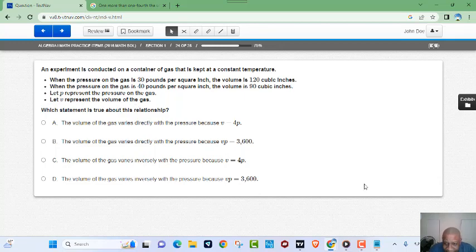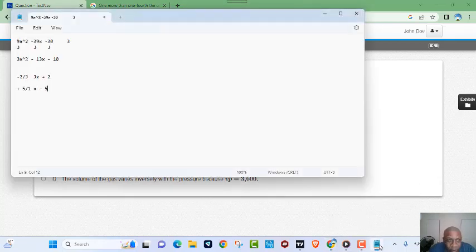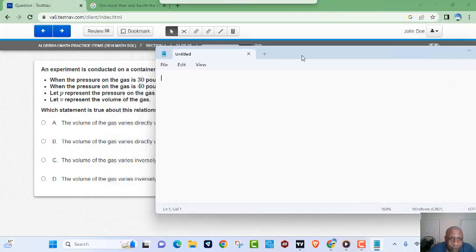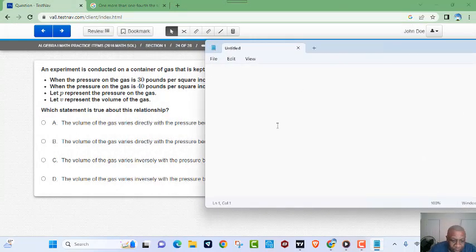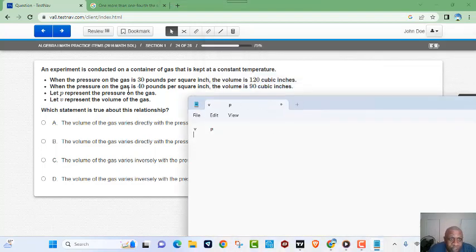Okay, let's see how I want to do this. All right, so we have volume and pressure. Let's see, what does it say? It says when the pressure on the gas is 30 pounds per square inch, the volume is 120 cubic inches.